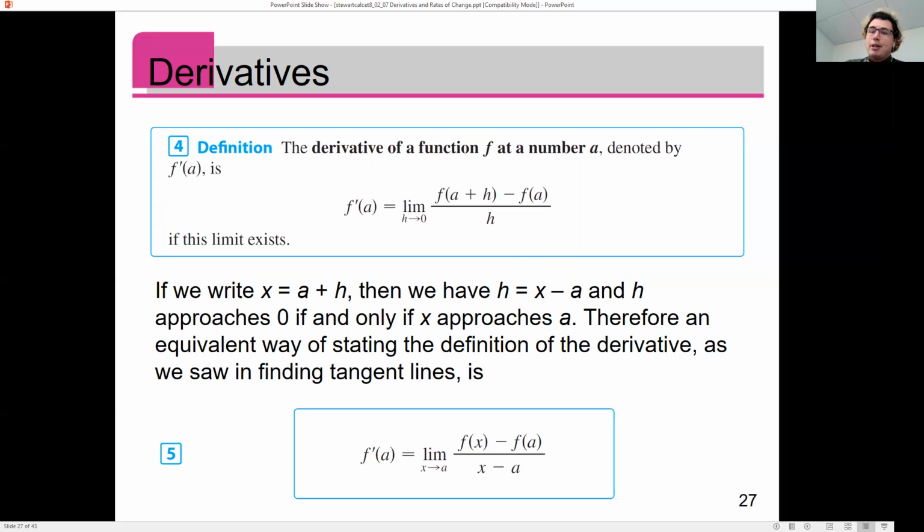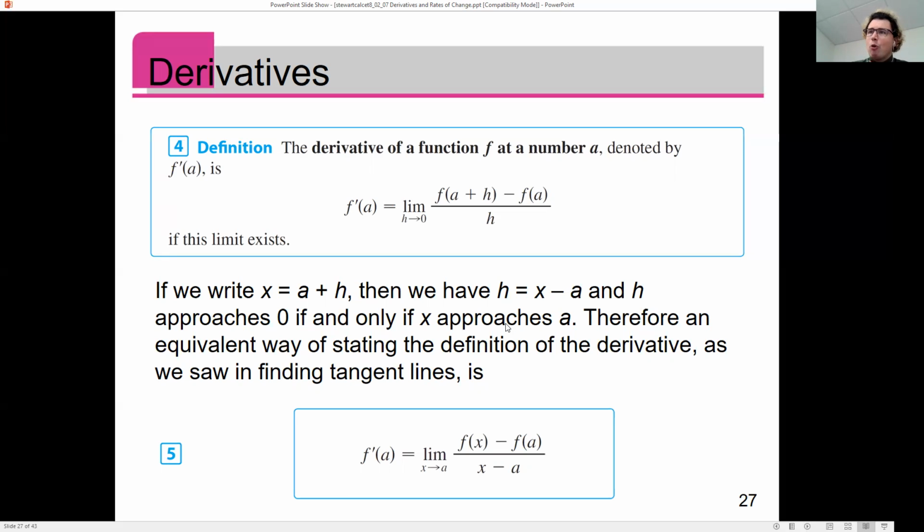I could have also written this formula differently. I'm still going to keep my f prime of a the same, but I could have also used the formula where I take the limit as x approaches a now, and my difference quotient formula says I need to calculate f of x minus f of a, all divided by quantity x minus a.